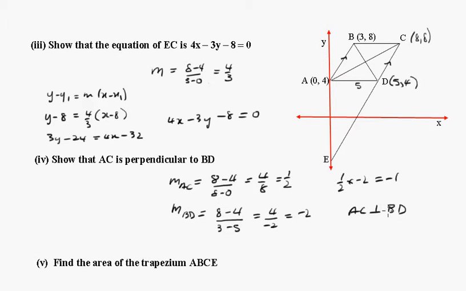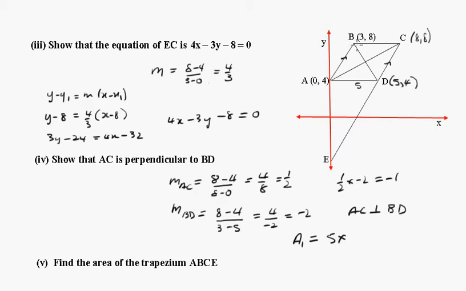The area of the trapezium ABCD, this one here, well, that's composed of this rhombus up here and the triangle. So the area of the rhombus, first up, area 1, will be equal to the base, which is 5, times the height.